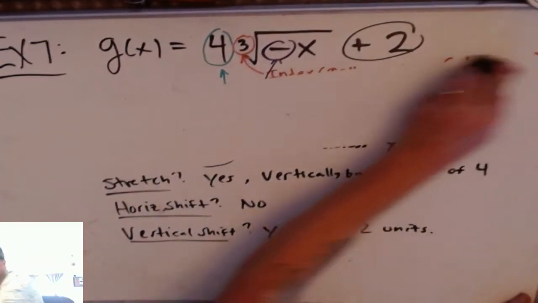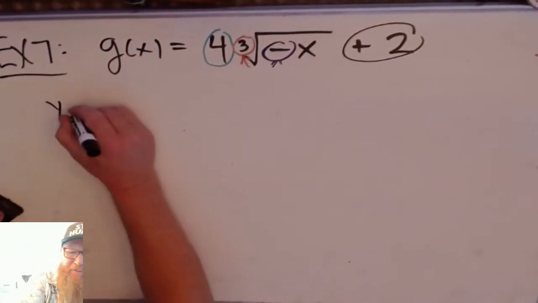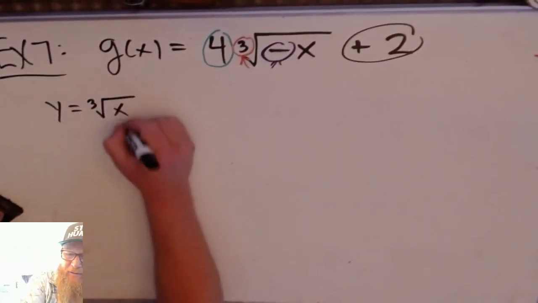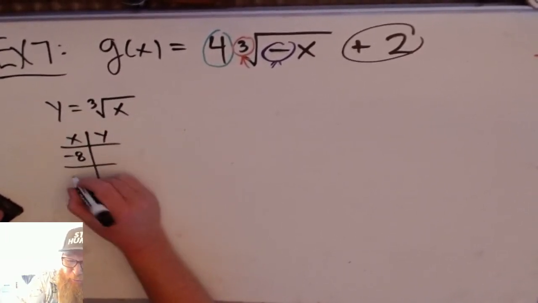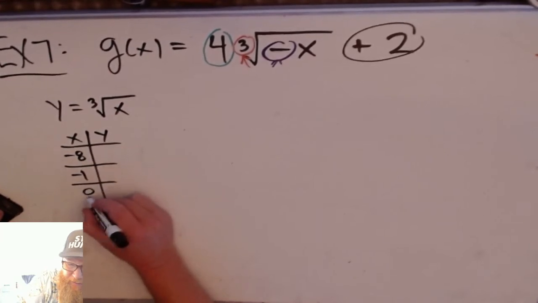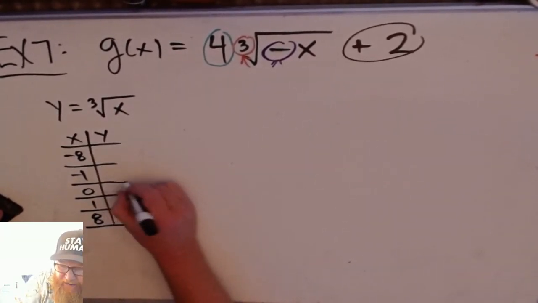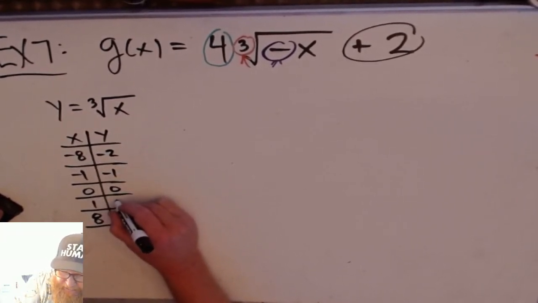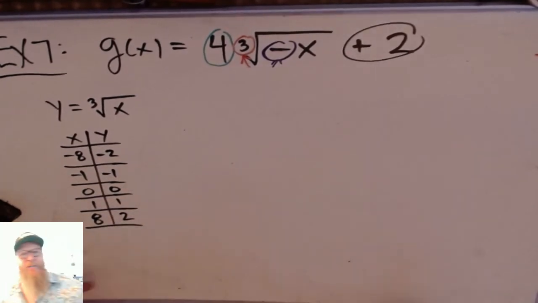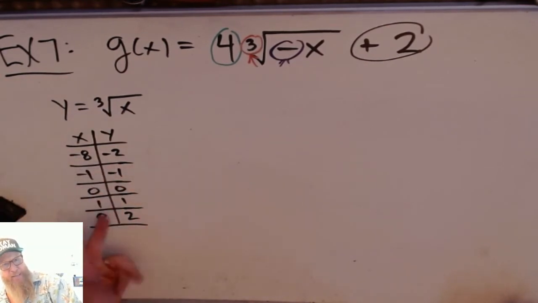All right, so let's go ahead and go back and do our work now. So we take our mother function or our parent function. I hope you've noticed that the cube root is just the reverse values of x and y as the cubic. So if you memorize the cubic, which we just did a few minutes ago, the cube root, you just reverse the x's and y's.